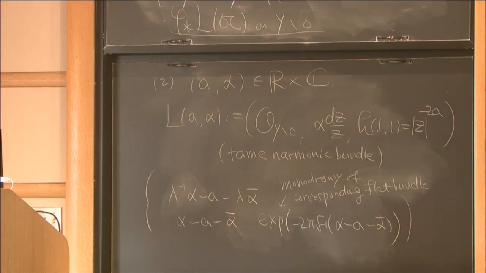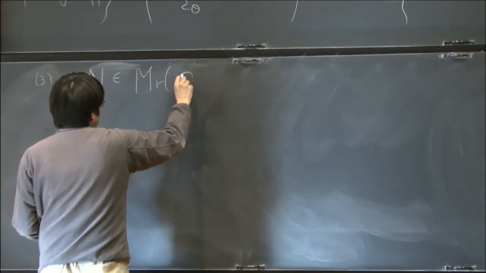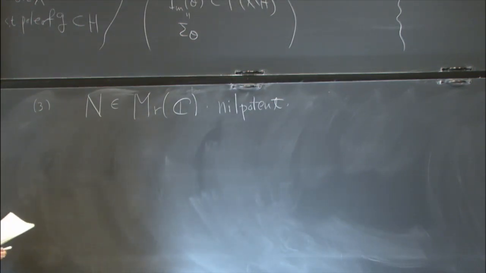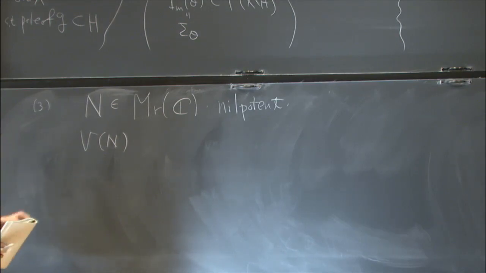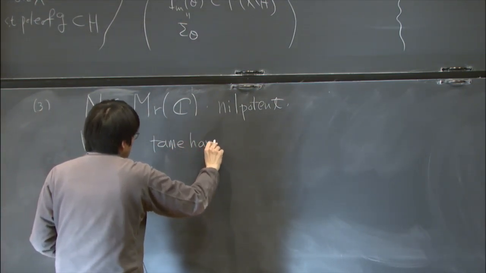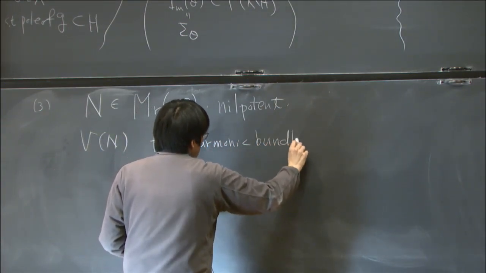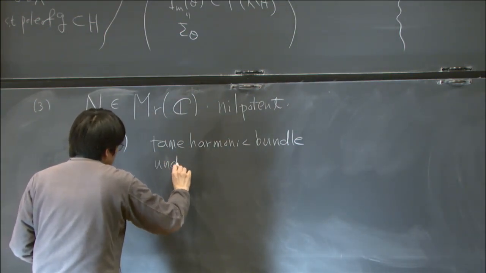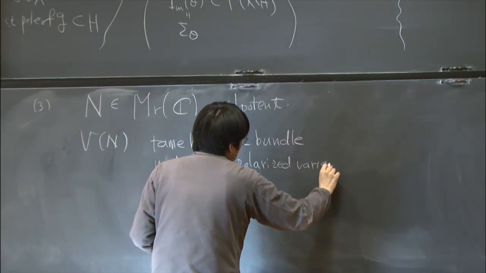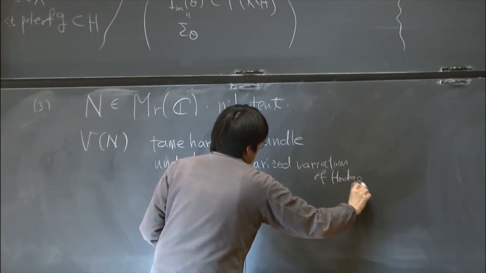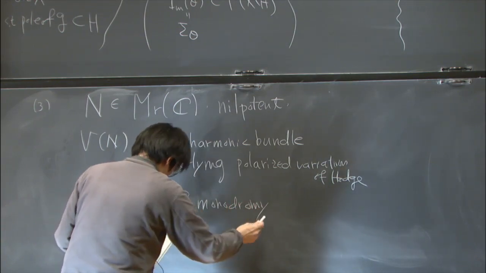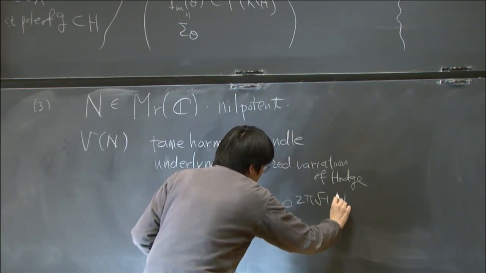And so if we take a nilpotent matrix, this is not uniquely determined for n, but we have a tame harmonic bundle underlying a polarized variation of Hodge structures, whose monodromy is exponential of 2 pi root minus 1 n.